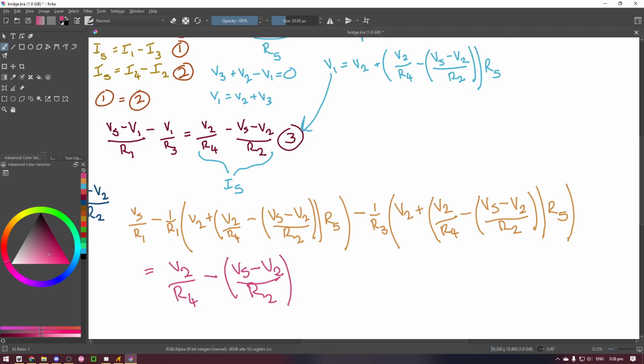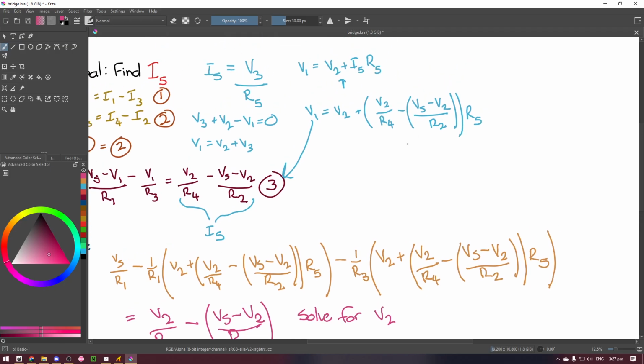So what you can do with this equation is you can solve for V2, and then once you have V2, you can substitute back into this equation here, and you can find V1.